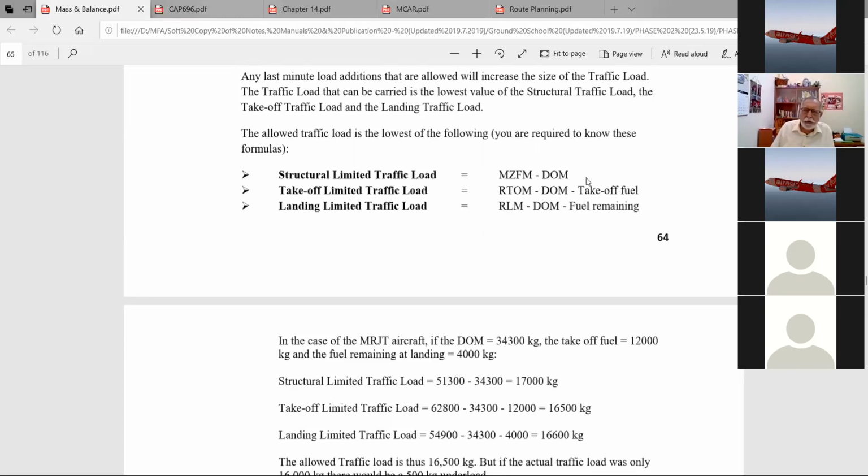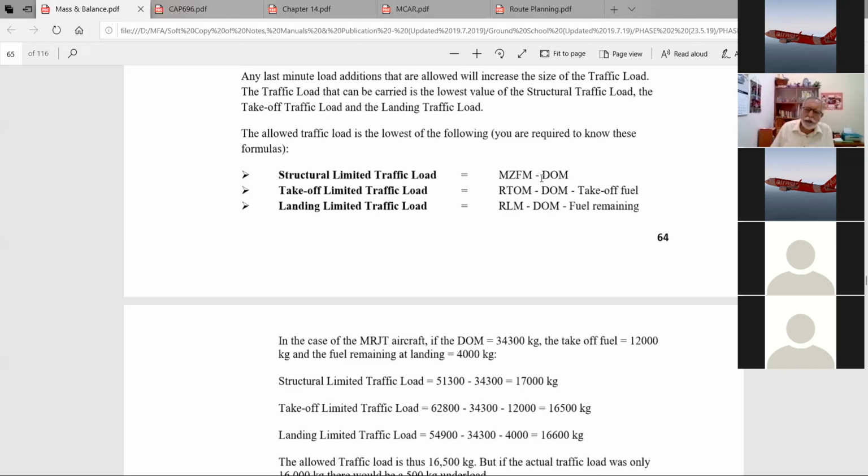All these you can calculate provided you know your definitions correctly. What is takeoff fuel? How to calculate takeoff fuel? What is fuel remaining? If you have used up your trip fuel, fuel burn, all those terminologies you must remember. So the formula is lowest of structural limited traffic load, takeoff limited traffic load, and landing limited traffic load, all minus DOM, minus takeoff fuel, minus remaining fuel.